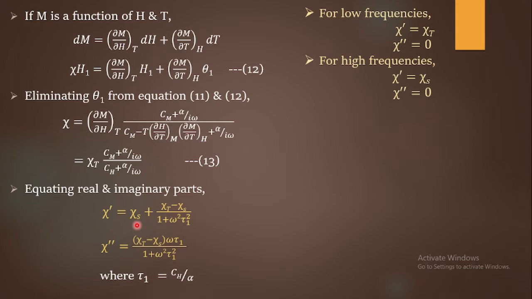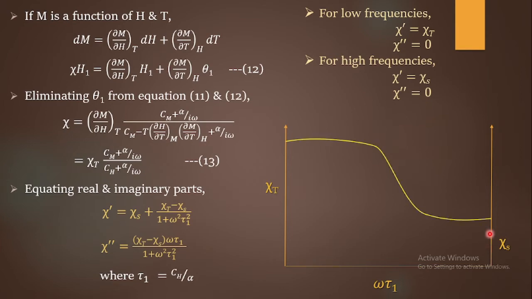So to understand more clearly, we can plot a graph of chi as a function of omega into tau 1, which is the common factor in both the formulae. So along x-axis we are having omega into tau 1, along y-axis we have one side chi t, another side is chi s.